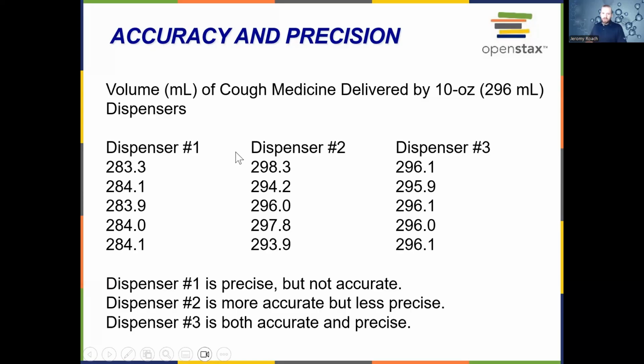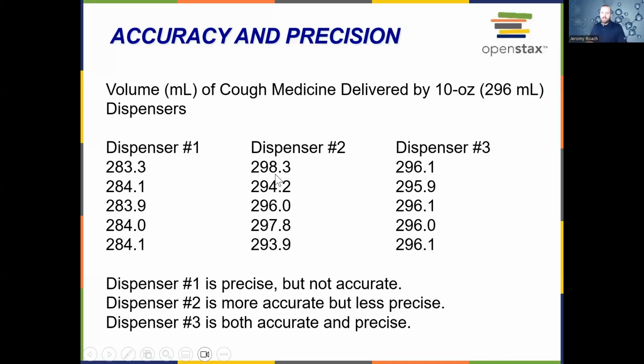For dispenser number 2, it's more accurate. So it's closer to 296 than it is to 283. 283 is over 10 milliliters of a difference. And here, this is just maybe a few milliliters of a difference, but it's not precise.